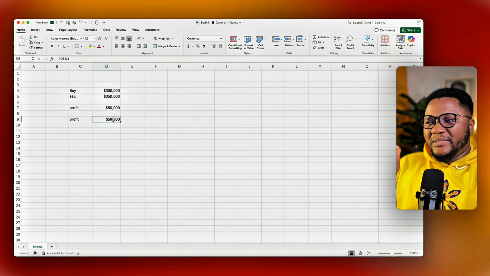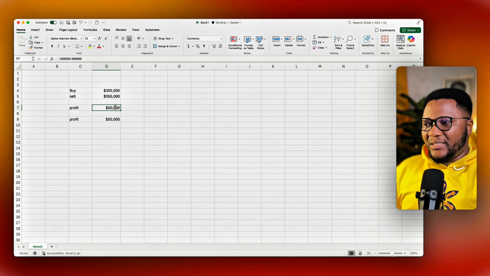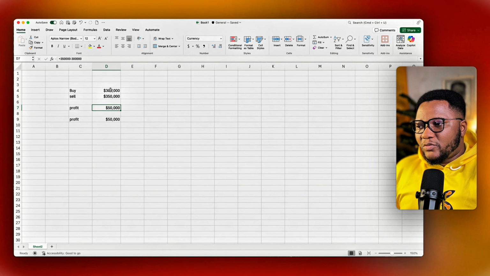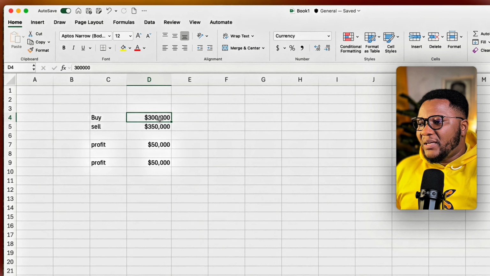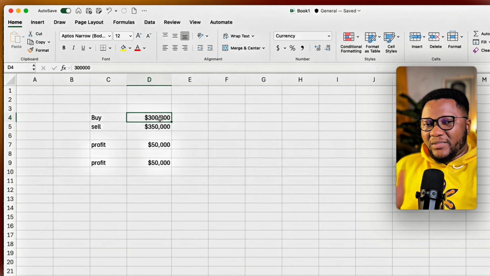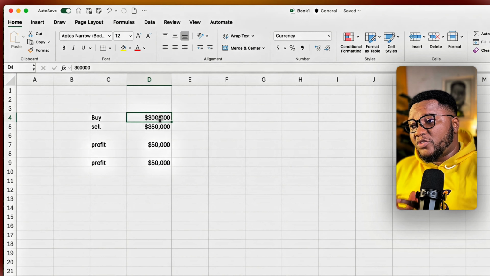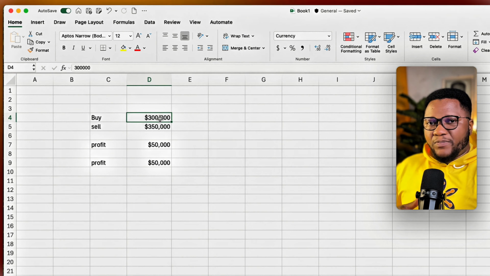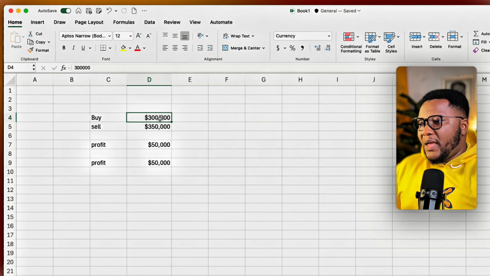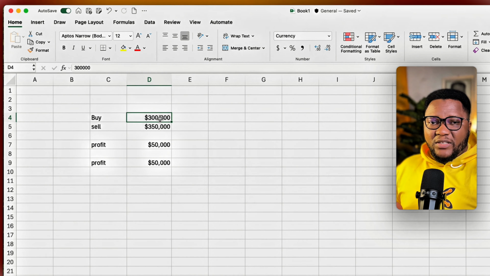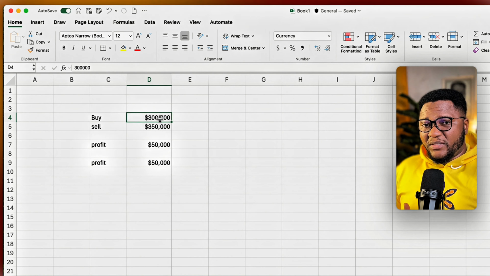The difference between this and you hard coding it is if you come back tomorrow and realize, okay, let's imagine this is your store. You have product in your store, it's plenty in your store, right? And then you bought it for $300,000 and you are selling for $350,000.